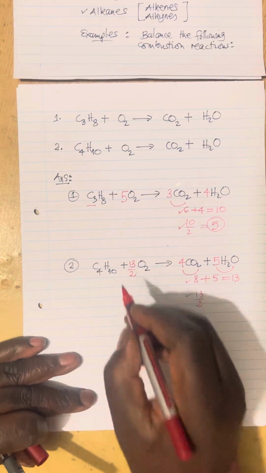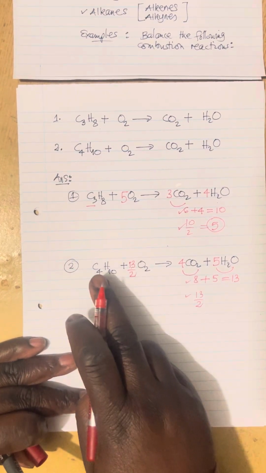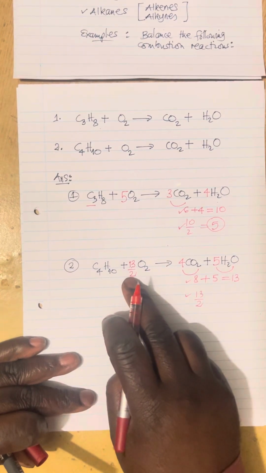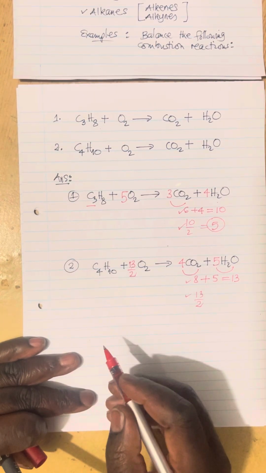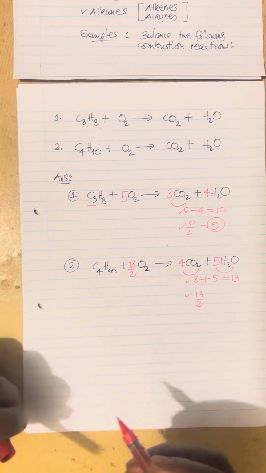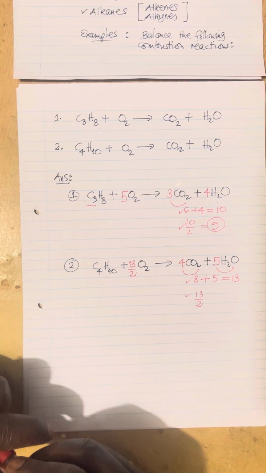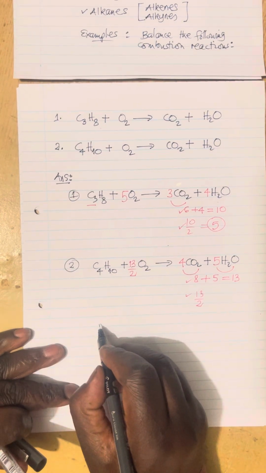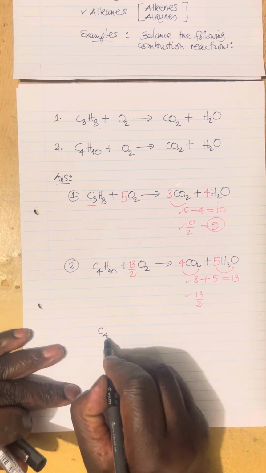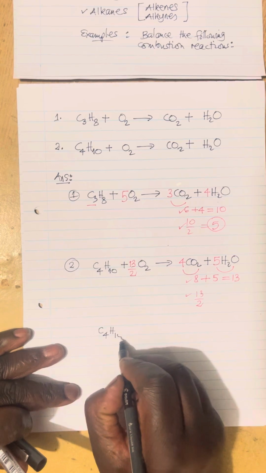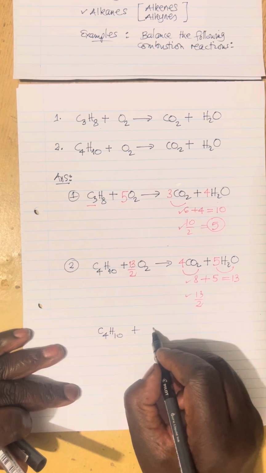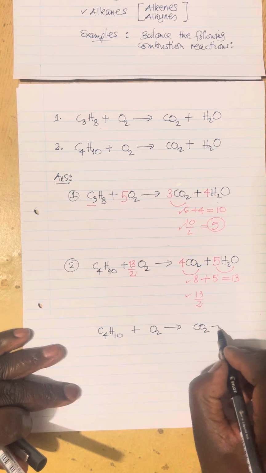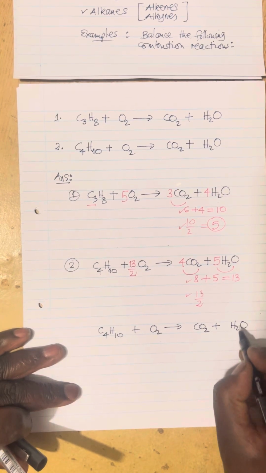But we do not leave the answer with fractions. So I have to multiply this by 2, that by 2, that by 2, and that by 2 to get rid of the fraction. So therefore, our balanced equation is going to be, let me write the substances first, C4H10 plus oxygen, giving us CO2 plus H2O.